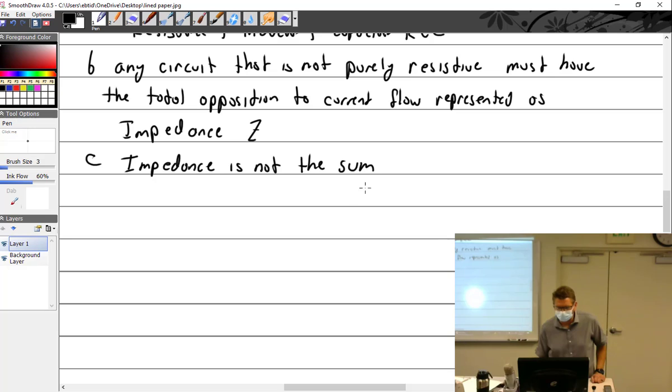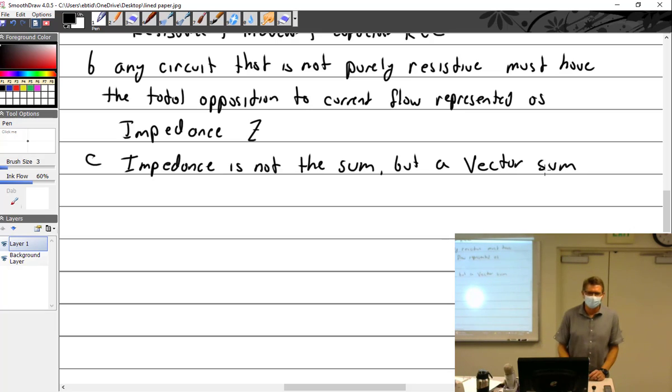Impedance is not the sum of each, but, as my friend Vector says, it is a vector sum. And a vector is magnitude and direction. Well, you got to say it like that. Magnitude and direction.